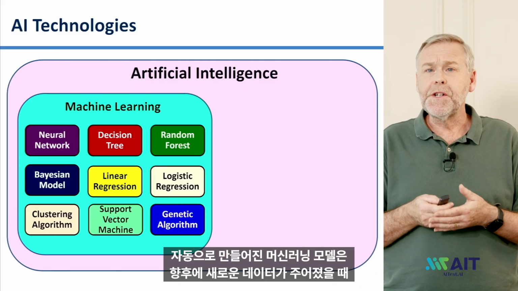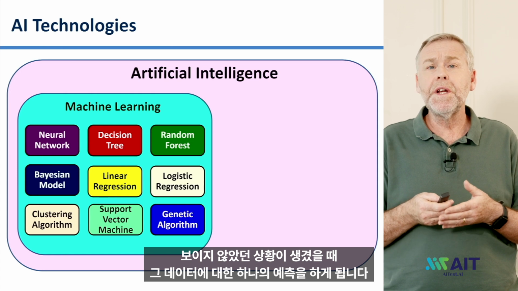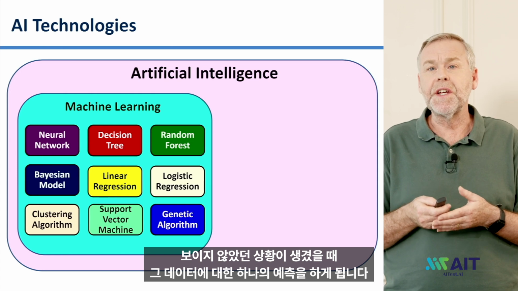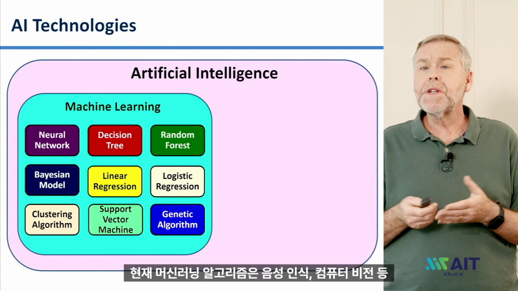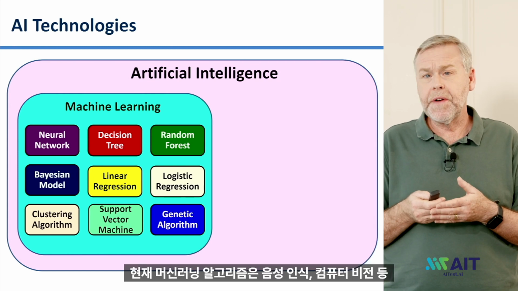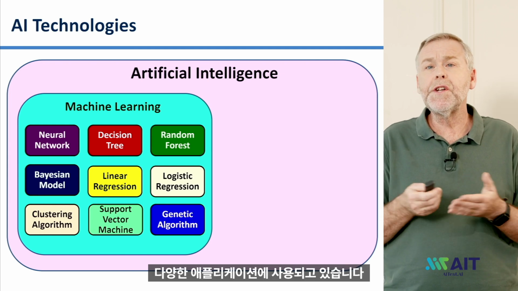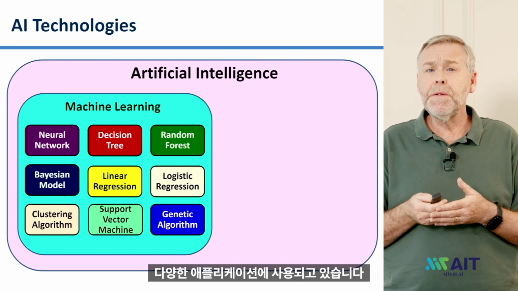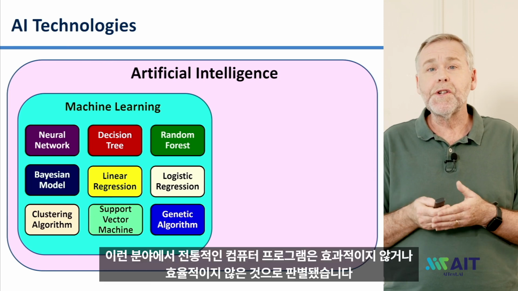The automatically produced machine learning model can then make predictions in the future when it is presented with previously unseen situations. Machine learning algorithms are now widely used in a variety of applications, such as in speech recognition and computer vision, where conventional computer programs have been found to be ineffective or inefficient or both.